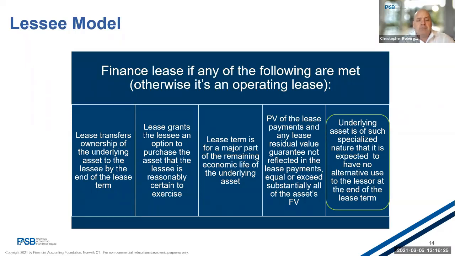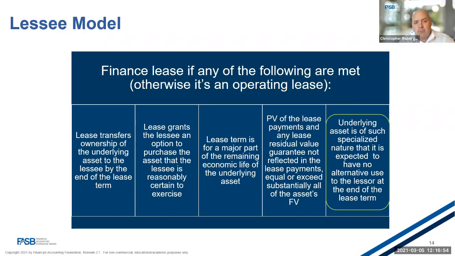3, the lease term is for a major part of the remaining economic life of the underlying asset. That's often referred to as the 75% test. 4, the present value of the lease payments and any lease residual value guarantee not reflected in the lease payments is equal to or exceeds substantially all of the asset's fair value, often referred to as a 90% test.